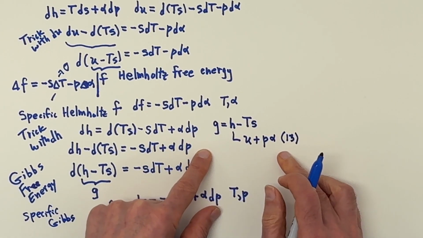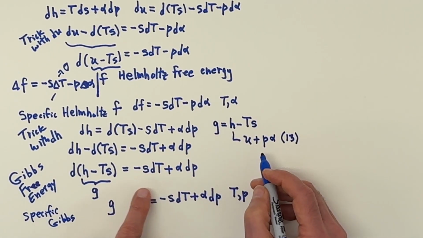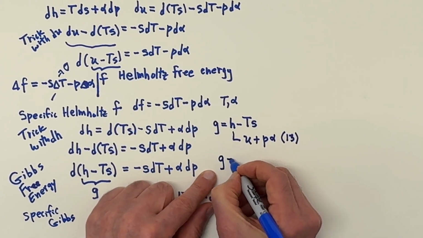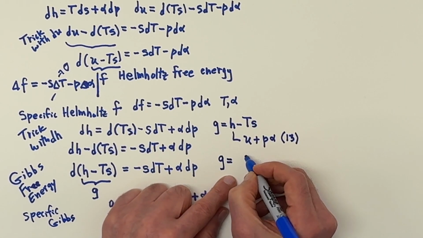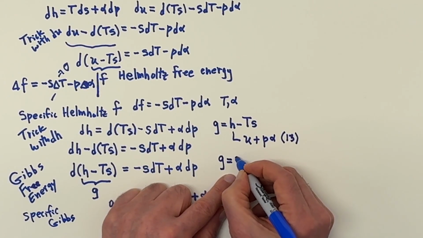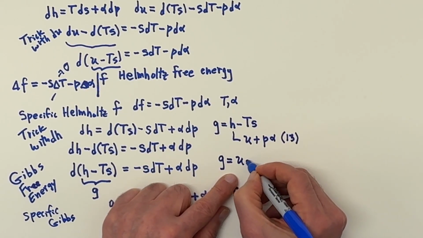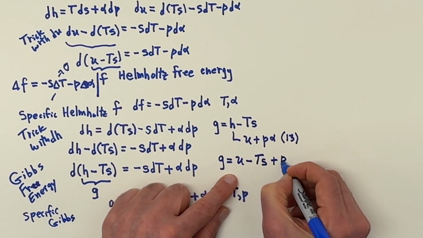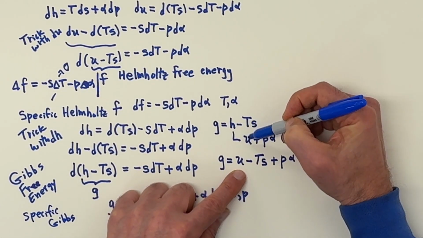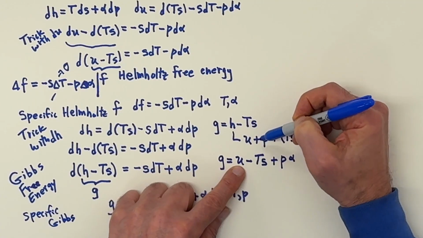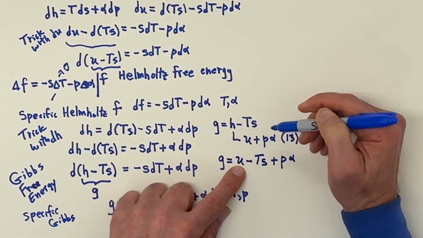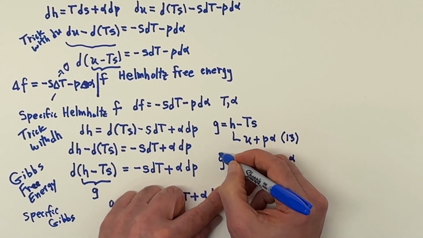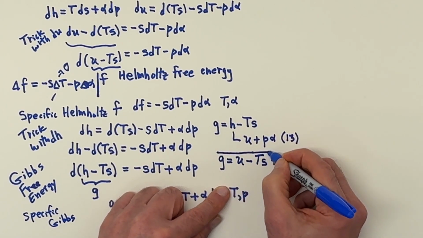Using equation 13, G is going to be equal to U plus P alpha minus TS. That equation is going to be our equation 20.